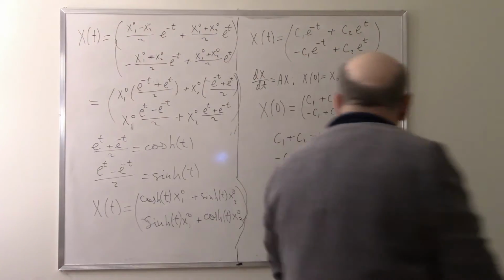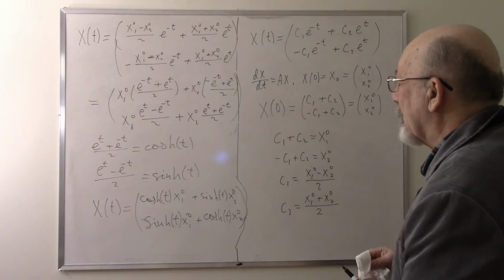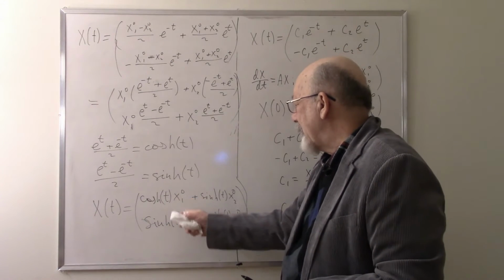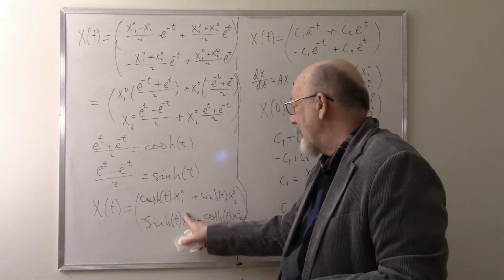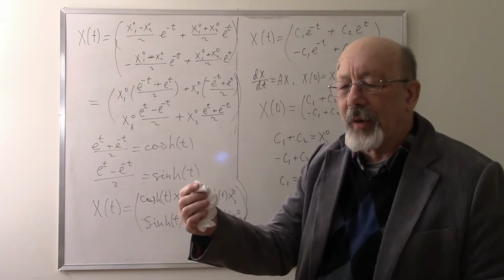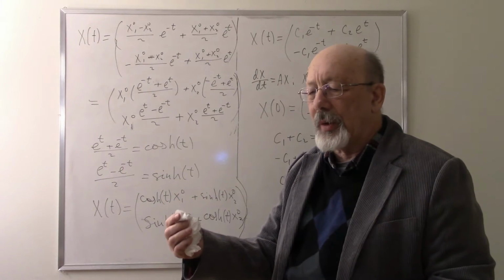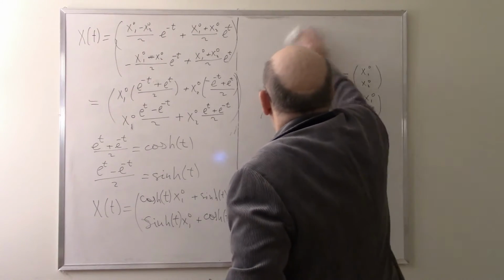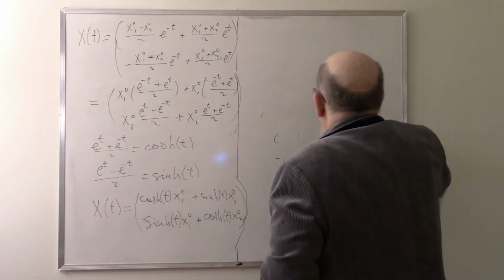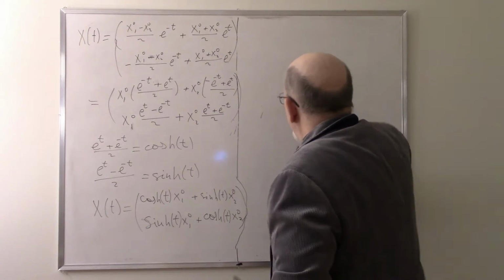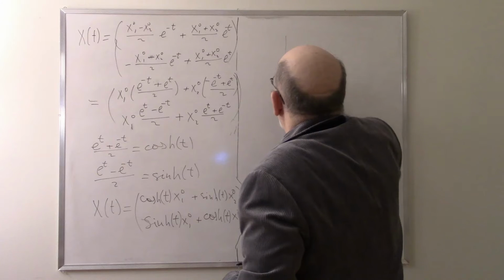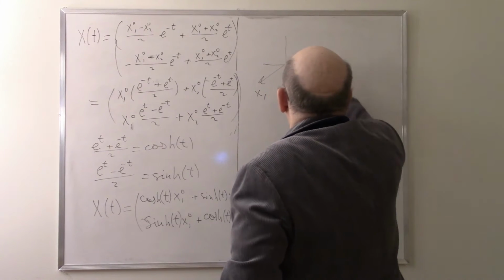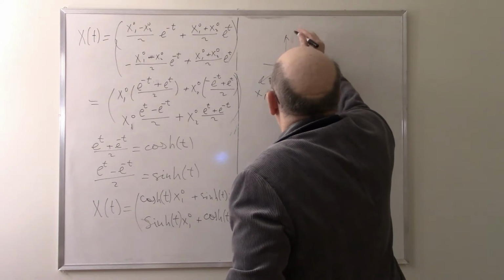So at last we solved our ordinary differential equation. If x1 0, x2 0 are the coordinates of the initial point x0, then a solution is like this. Now let us recall what it was for. We had this picture, x1, x2, t.